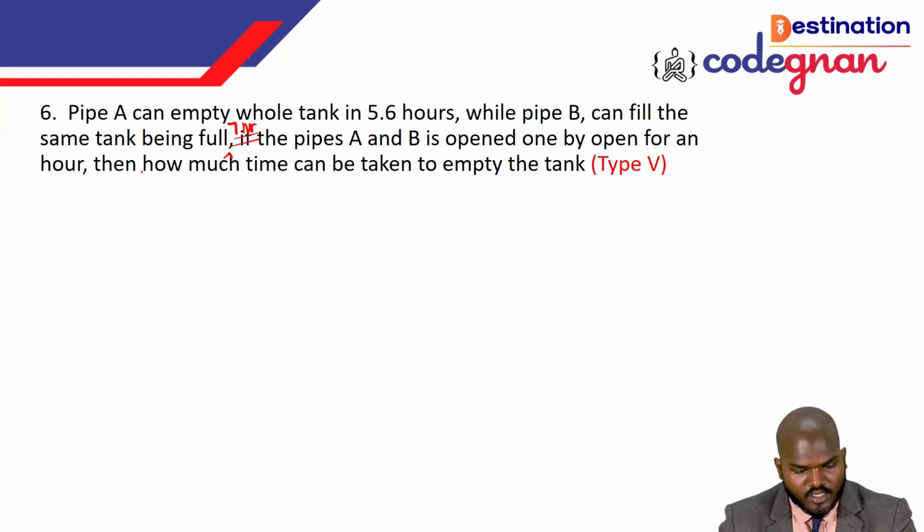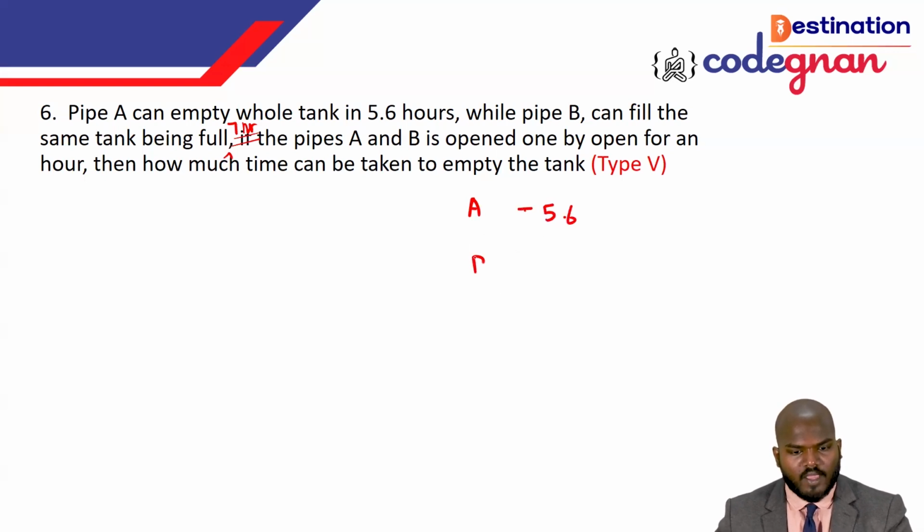So guys, in this one, A is emptying, so if you take A, it is minus 5.6. And the pipe B can fill the tank in 7 hours.